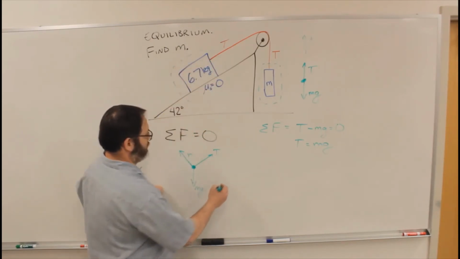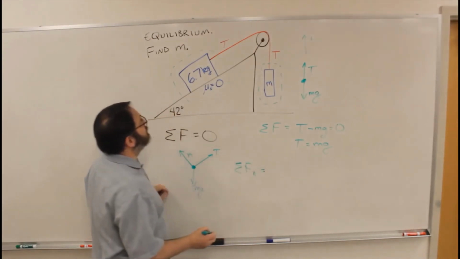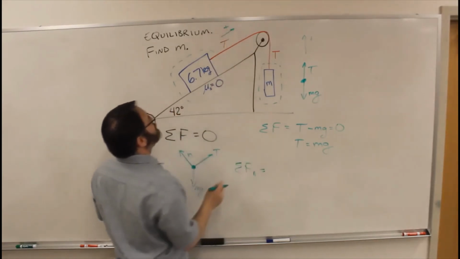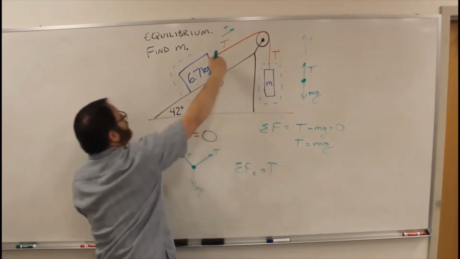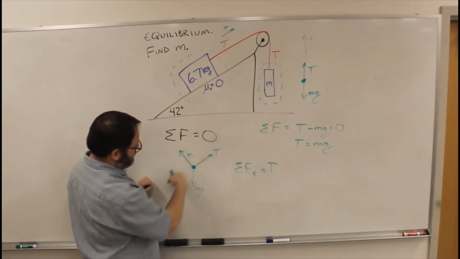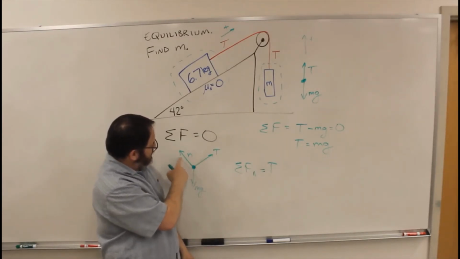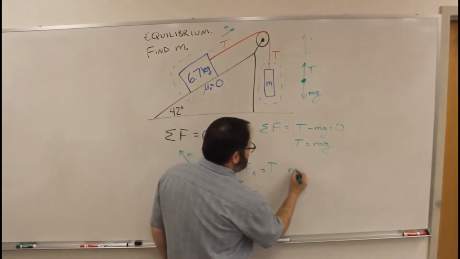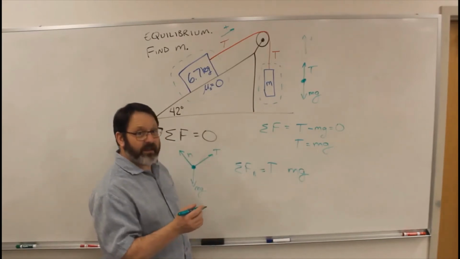So let's do that. So sum of forces parallel is, well, if I make this the plus direction, then T is that way, and down this way, let's see, so T was that way, down this way part of mg. N is perpendicular to that, so it's not in there, but part of this mg is there. So that's m times g times sine of theta.